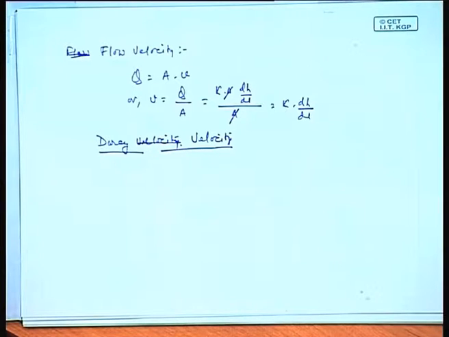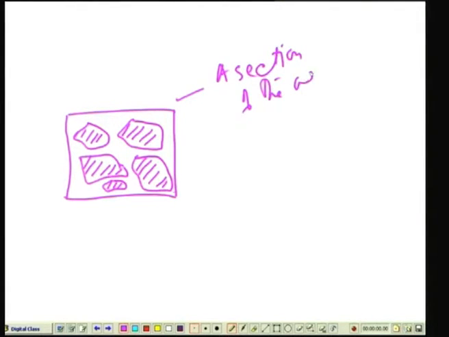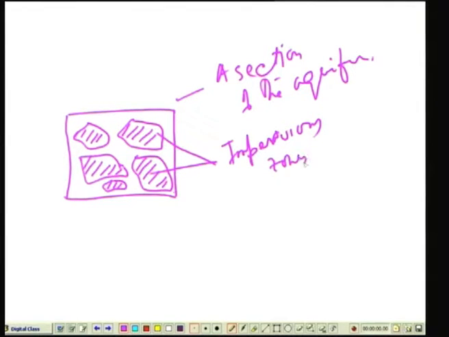Here you can see this is the impervious section. If you just make a section in the aquifer, this is a section of the aquifer. These are the impervious zones, or sections.